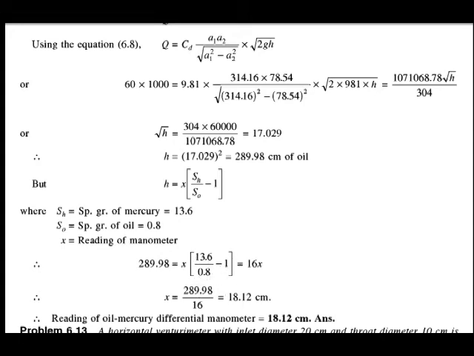After multiplying and solving this we get the value of x as 18.12 centimeter. This x is nothing but the reading of the oil mercury differential manometer. Okay, 18.12 centimeter is the answer to our question.